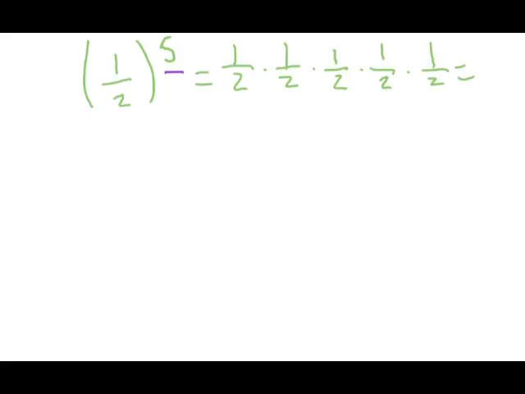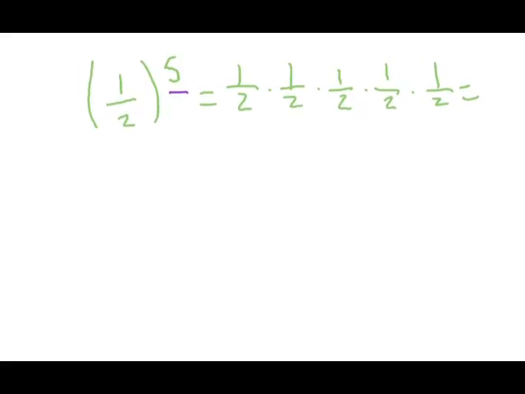And we multiply across. The numerator first. We multiply all the ones together. 1 times 1 times 1 times 1 times 1 will equal 1. And do the same for the 2's. 2 times 2 times 2 times 2 times 2 would be 32.